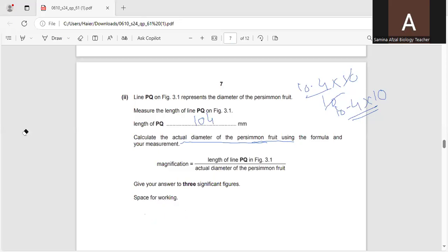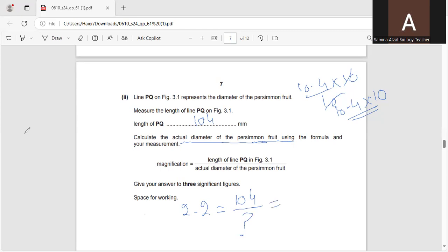Directly we will use this formula. The magnification is 2.2, the length is 104, and we have to find the actual diameter.